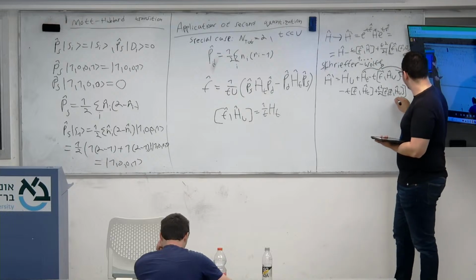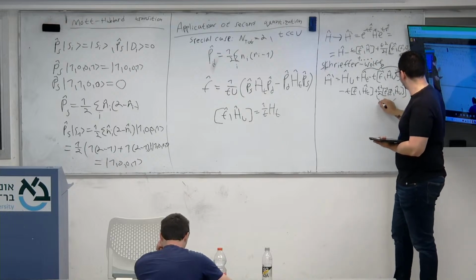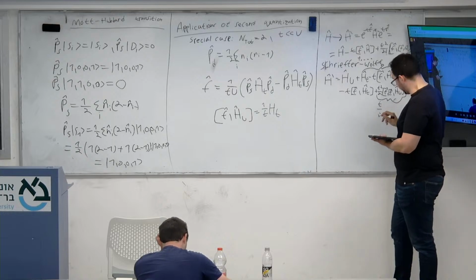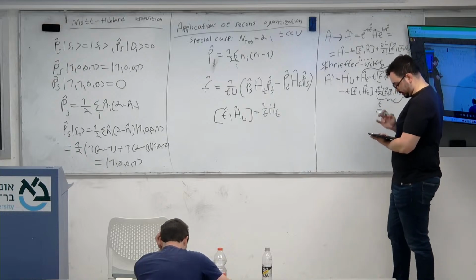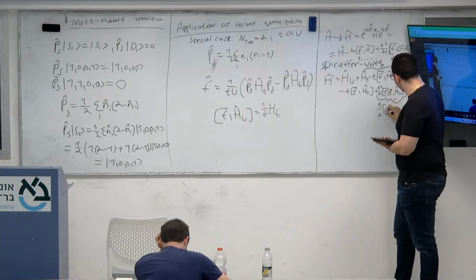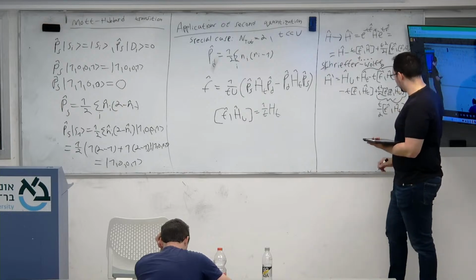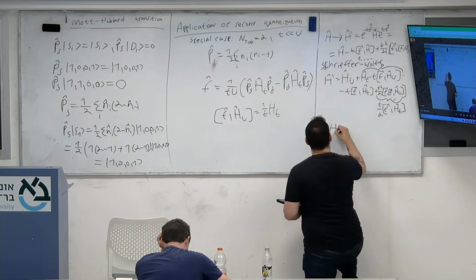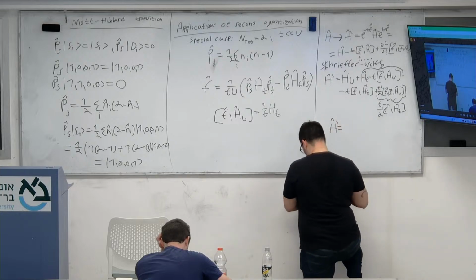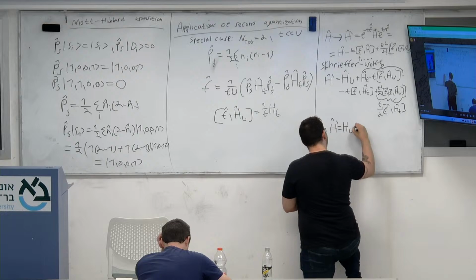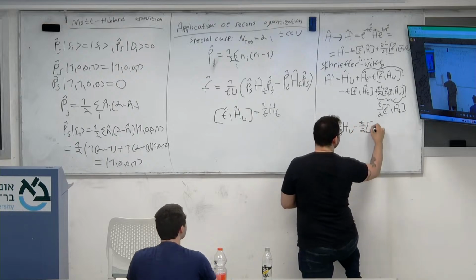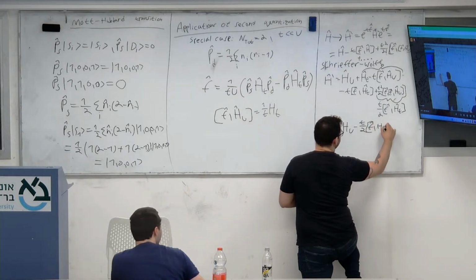And this term right here will be T divided by 2 F H_T. So overall, H tilde equals H_U minus T divided by 2 F H_T.